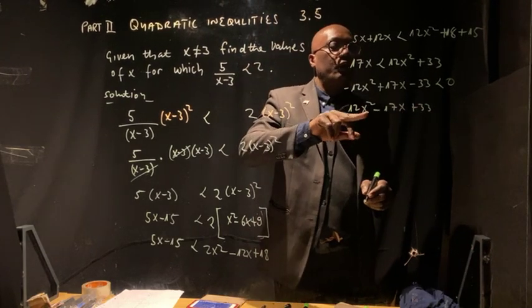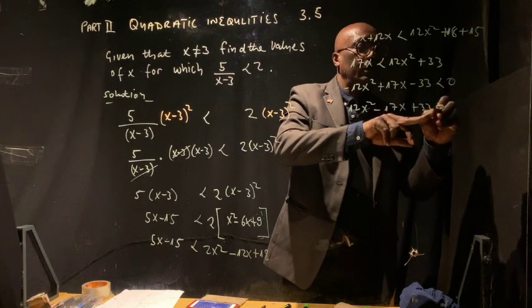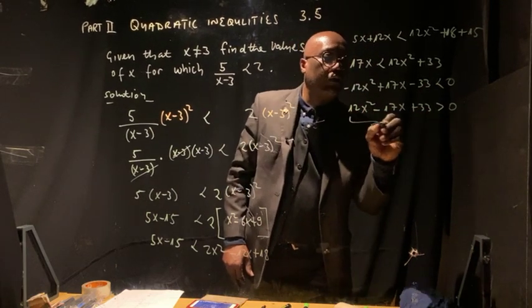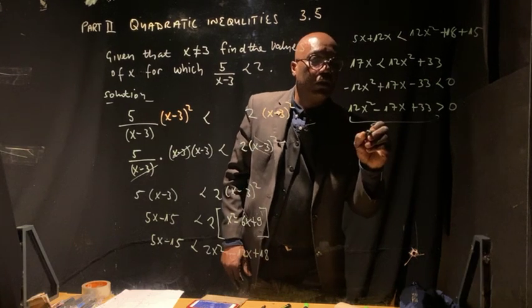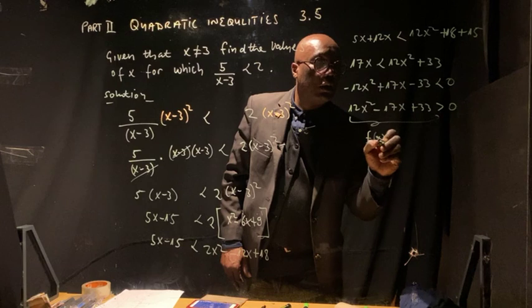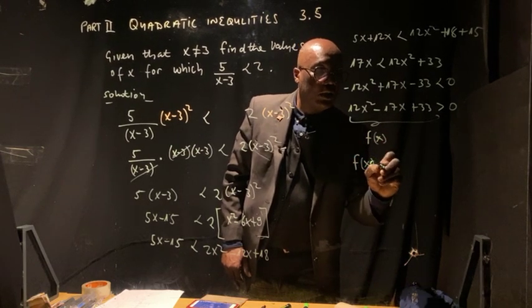But because we have multiplied both sides by -1, this sign will change. It becomes this way, which indicates that when this is f of x, then f of x is greater than 0.